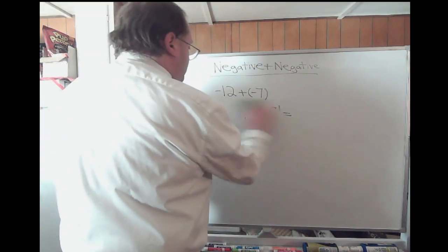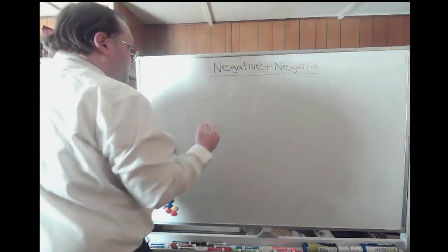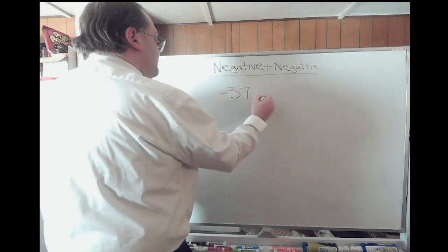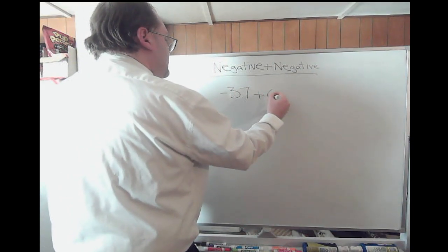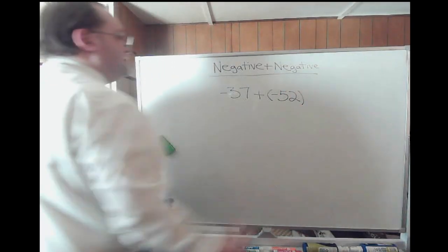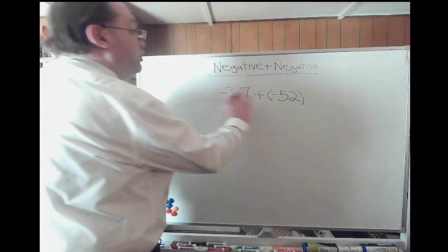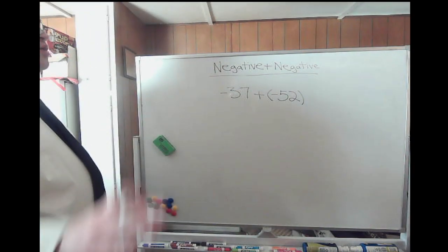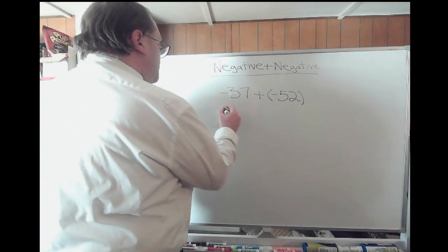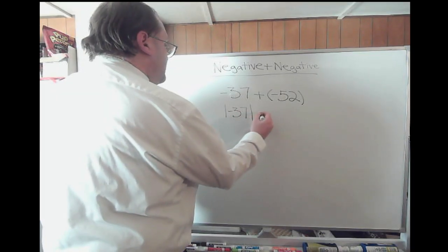I got a couple more examples of that. How about we have negative 37 plus negative 52, right? Negative 37 plus negative 52. Again, when both numbers are negative, you want to take the absolute value of both numbers and add them together.